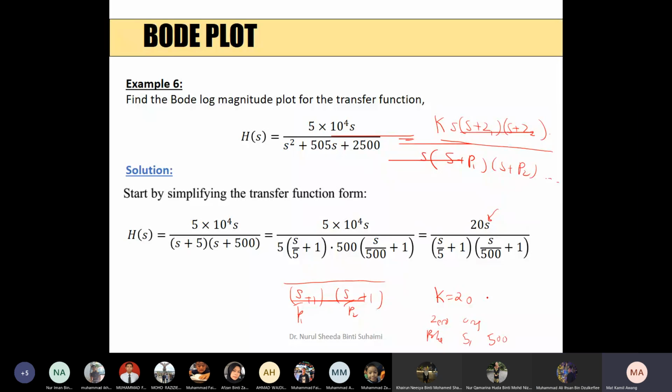So how many lines do you have? 1, 2, 3, and 4. Four lines. This zero is at the origin.